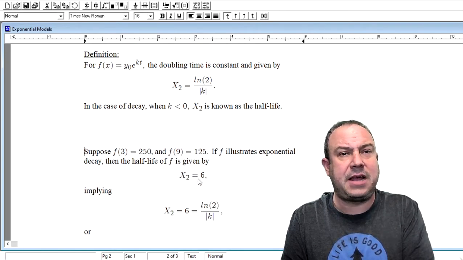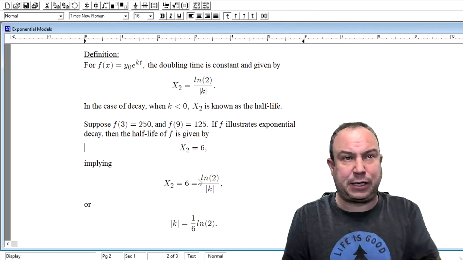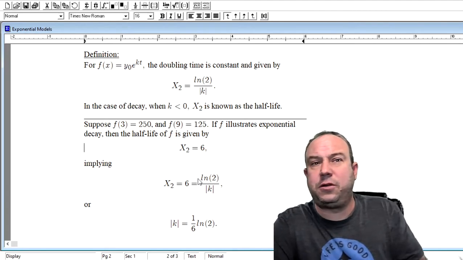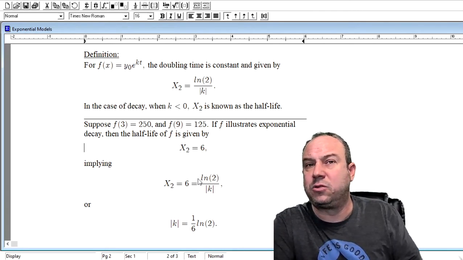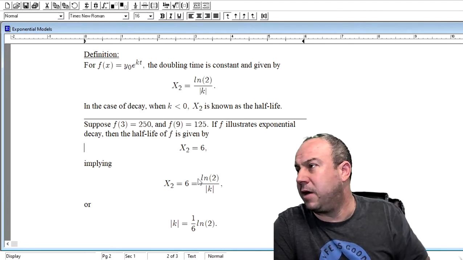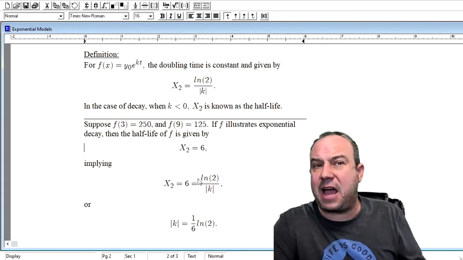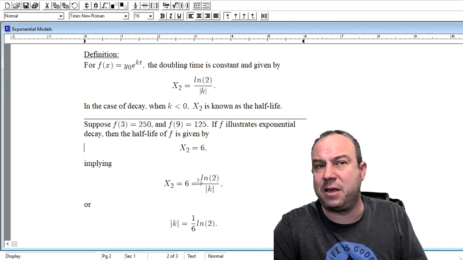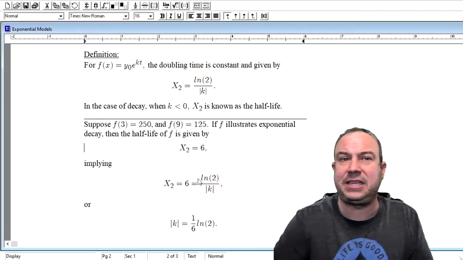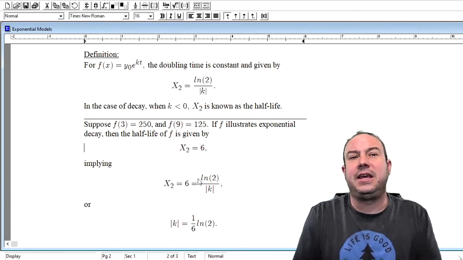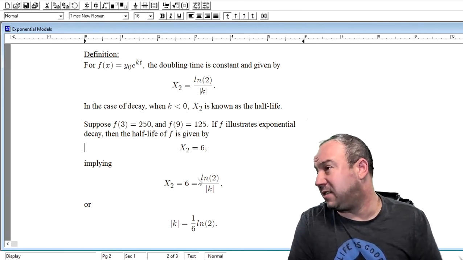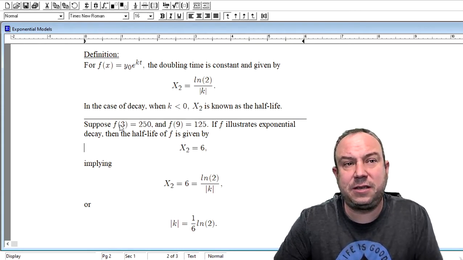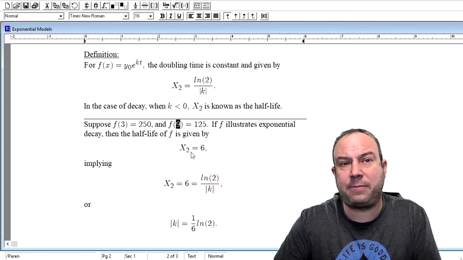All right? I do believe I look at a half-life scenario here. Suppose f of 3 equals 250, and f of 9 equals 125, where we can see that the half-life of this exponential model here, this model that must be illustrating exponential decay, is x sub 2 equal to 6 in value. 6 units have to elapse in our value of x.